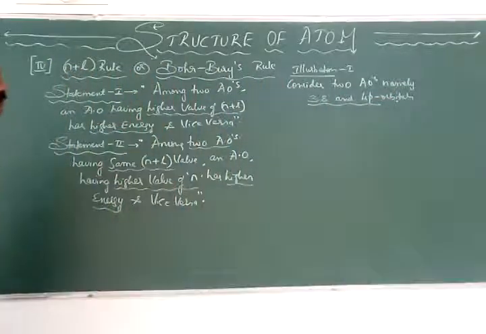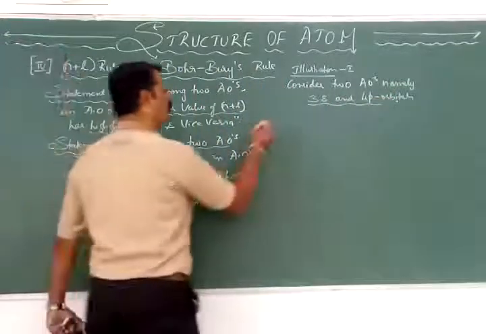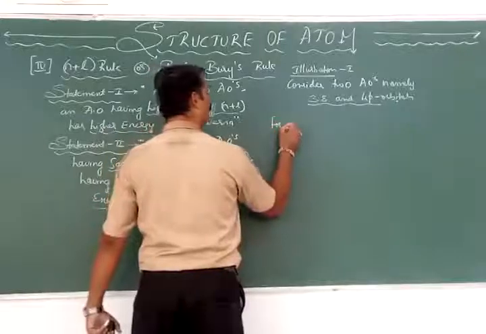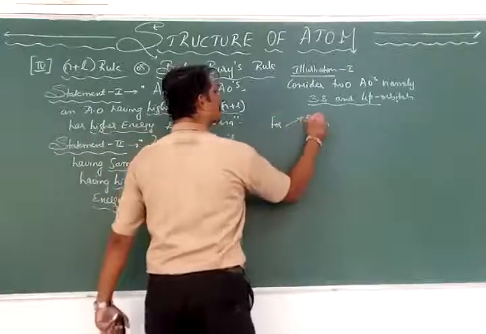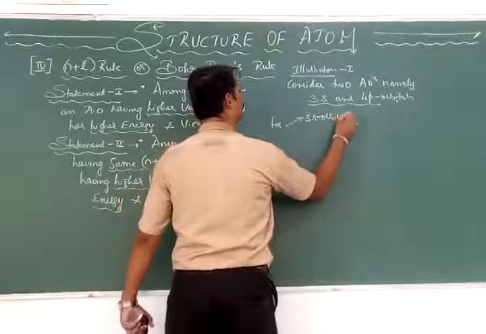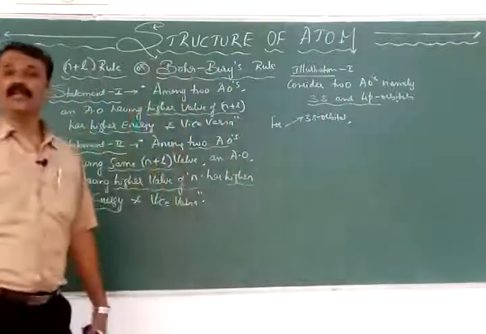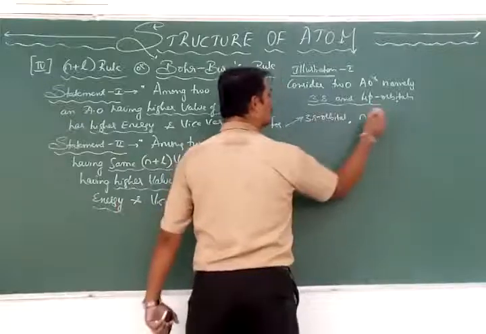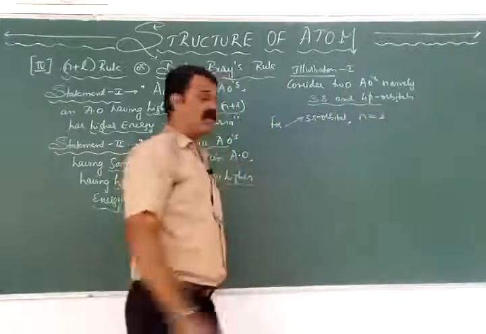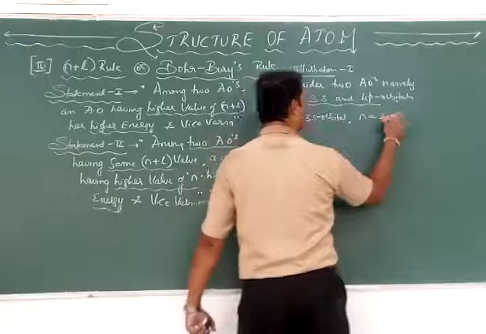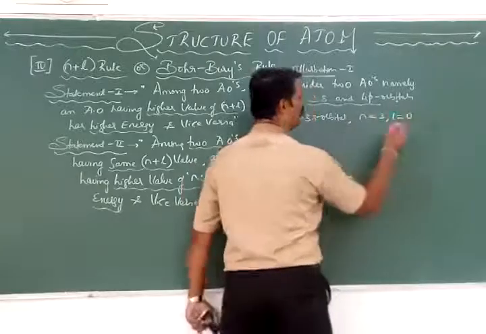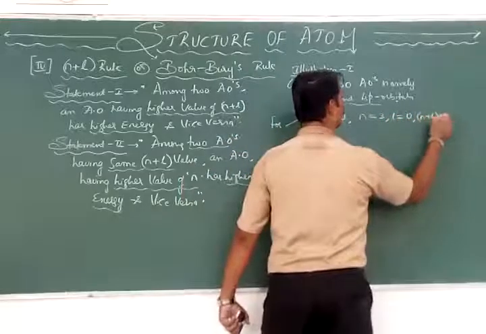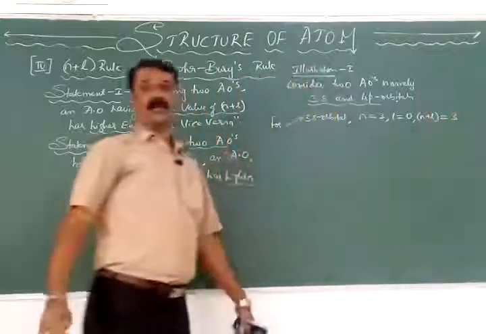What are those? 3s and 4p. For the 3s orbital, what is N? As it is the third orbit, N is equal to 3 here. As it is an s subshell, L is equal to 0 here. Therefore, N plus L is equal to 3.